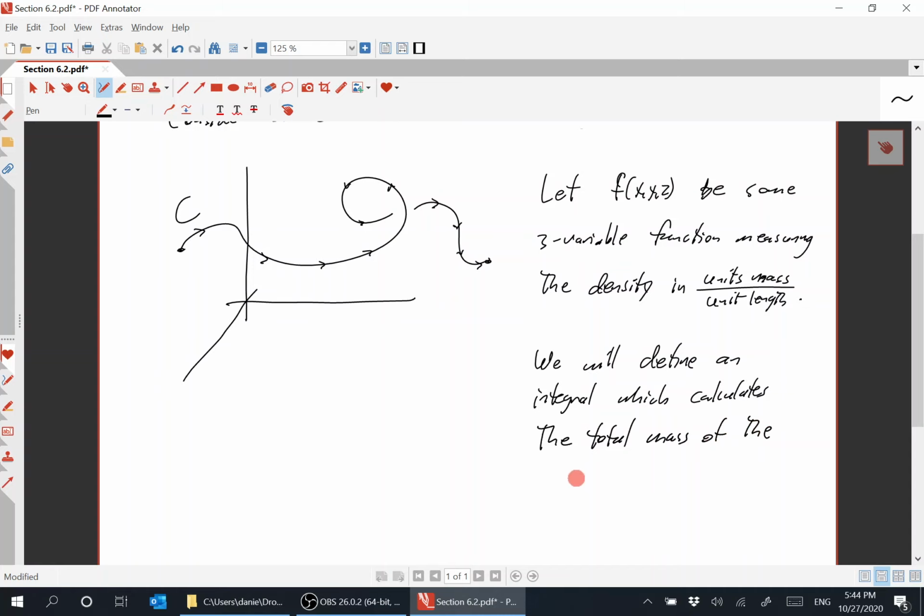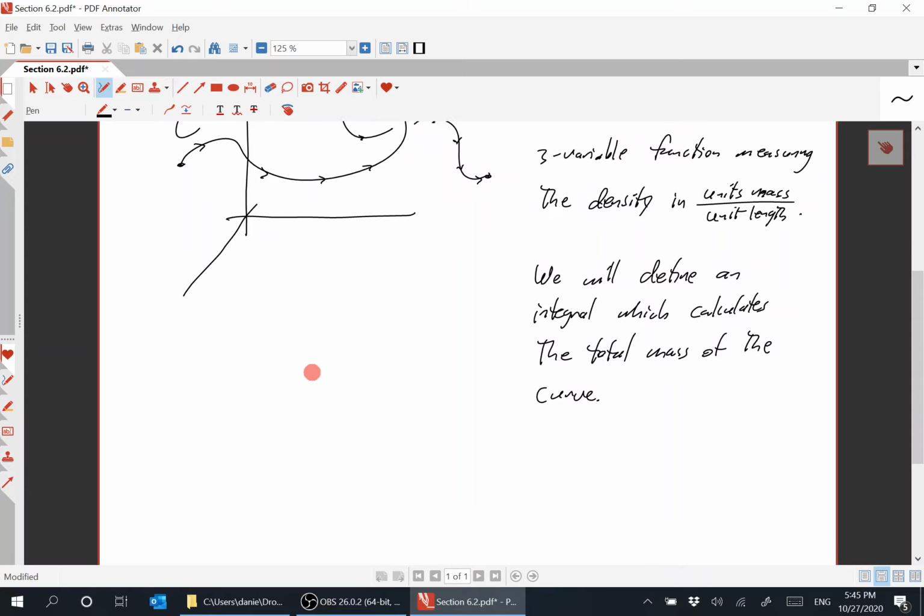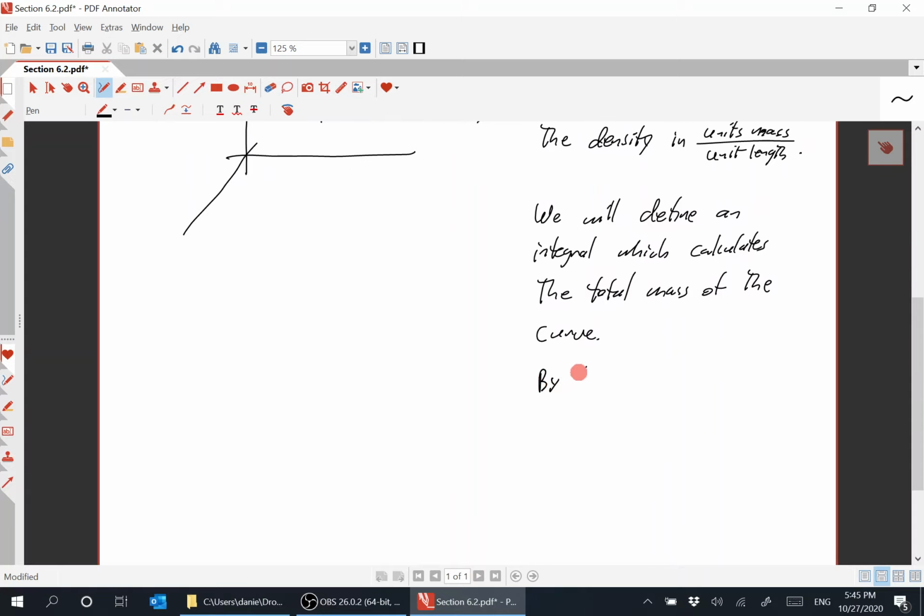By the way, if f of x, y, z equals 1, then the total mass is just equal to the length of the curve.